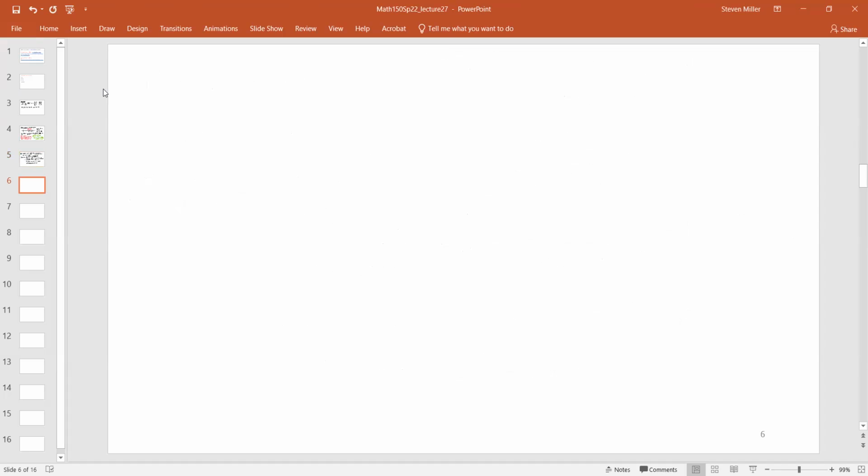So for example, let's say I give you the sum, n goes from 1 to infinity, of x to the n over n squared 3 to the n. And we want to figure out, what values of x might this converge?